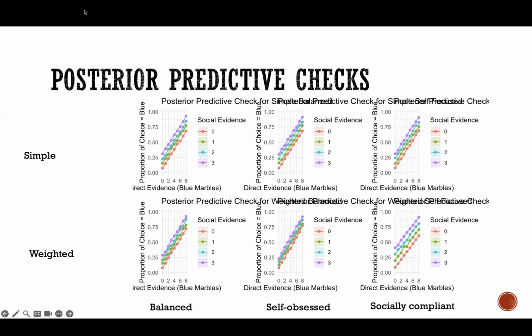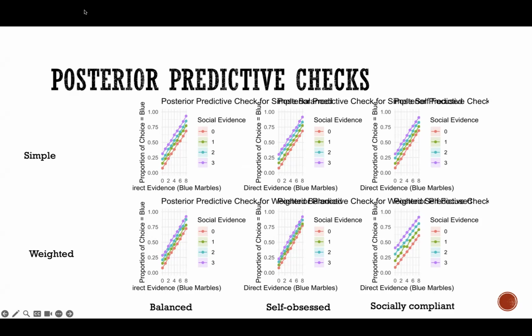After seeing the data, the simple model still expects that the direct evidence counts in a linear way and that the social evidence nicely detaches the decision boundaries. As we move across the 3 scenarios, the predictions don't change even after we've seen the data, because there's no parameter to be fitted. There's no way for the model to change its beliefs.